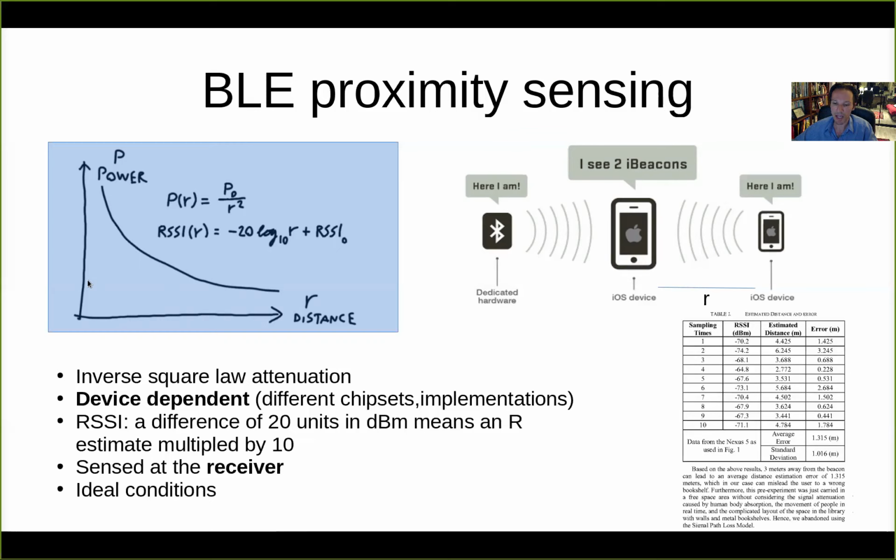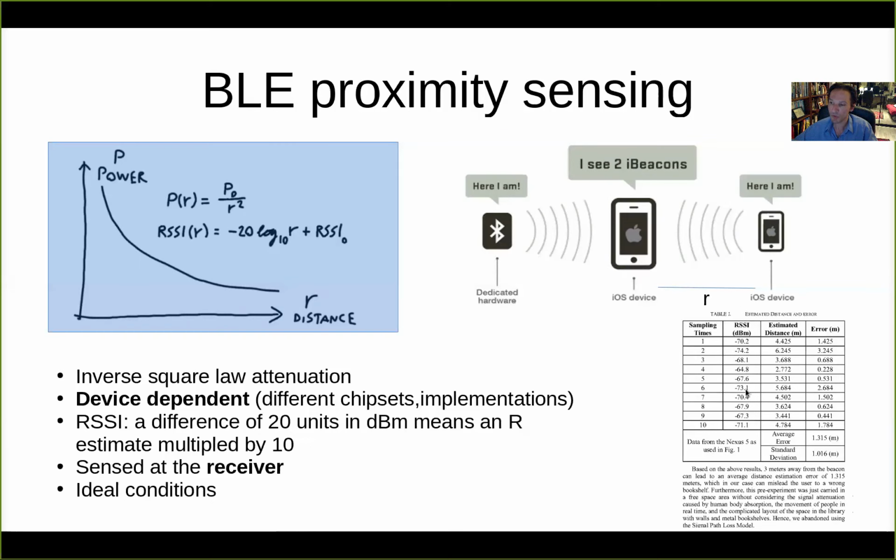The RSSI, in plain terms, is really a logarithmic relationship that helps us estimate distance. It's a received signal strength indication. If you look at the table on the right here, you'll see that on the basis of how much power we sense on the receiver, we estimate a distance.